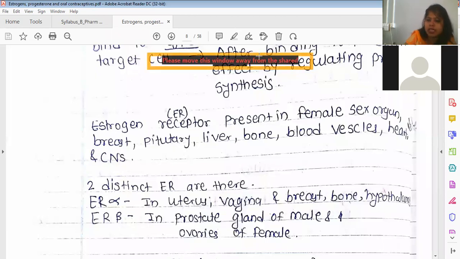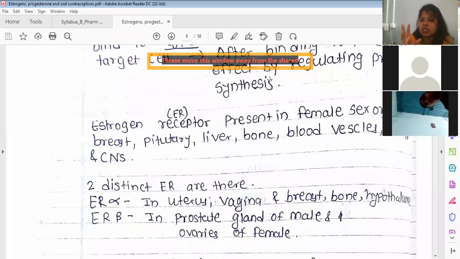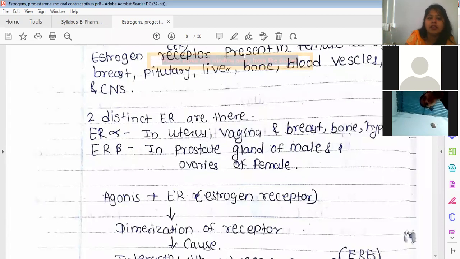That variety of areas contain the estrogen receptor. And त्या एरियामध्ये जाऊन estrogen shows different actions. Means when estrogen binds with the receptor on the pituitary gland, its action is different. When estrogen binds to the receptor present on the liver, that action is different. Clear everyone? Then estrogen receptor has 2 types.